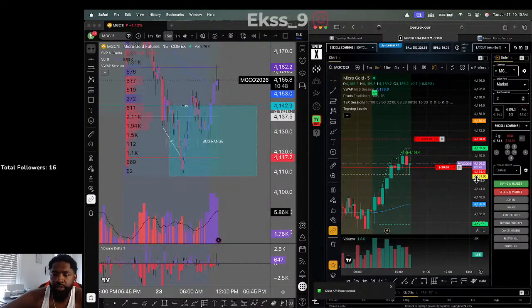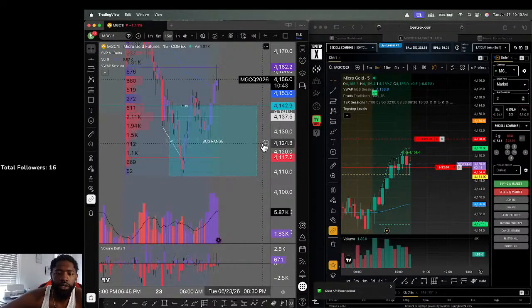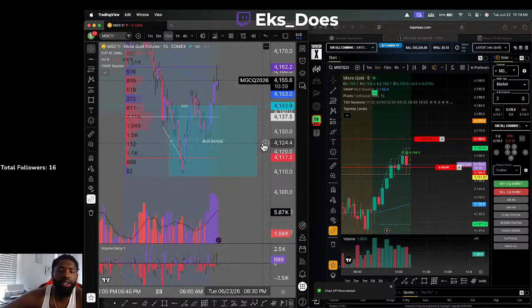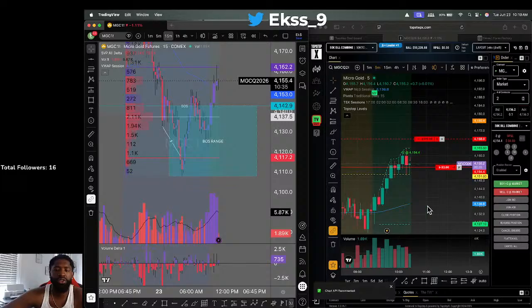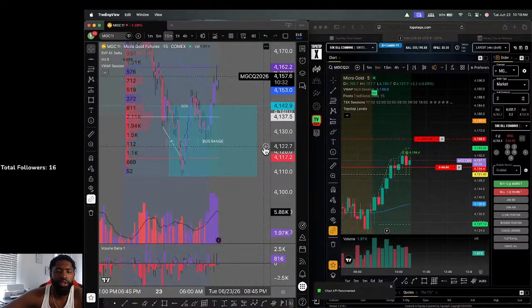I entered at 41.54, so the closest whole point move would be about here. So that would be about a 30-point move. So a 30-point move with 2 contracts would be $600. I'm pretty sure.